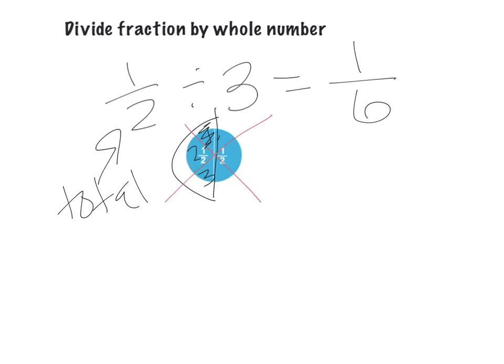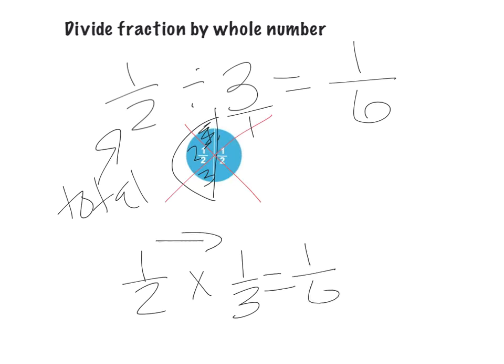And whenever we look at that as an equation, as we did previously, 1/2 stays the same. Our 3, which is actually 3/1 as a fraction, we write the reciprocal of, which is 1/3. We do the opposite of division, so that's multiplication, and we multiply across. 1 times 1 is 1. 2 times 3 is 6. And that's how we can see it as a model, and then in an equation as well.